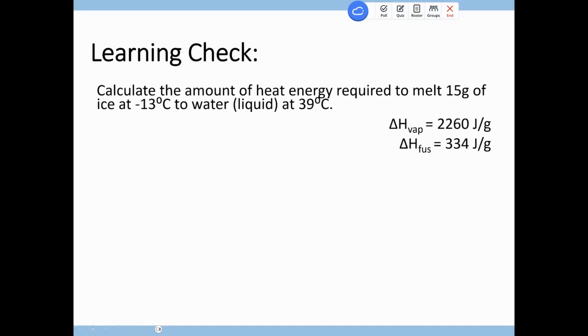So step 1, we'll have 4 steps here. 1 is increase the temperature of ice. 2, its melting point, which is 0 degrees Celsius. Remember, if you use a different substance, if the question is about something else, not water, its melting point will be a different value.